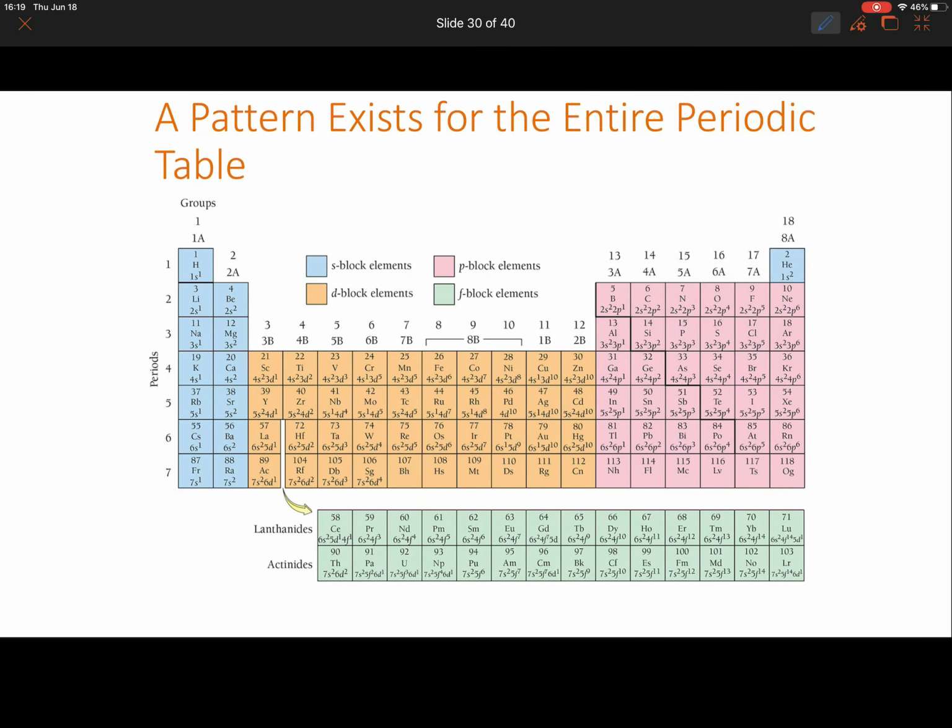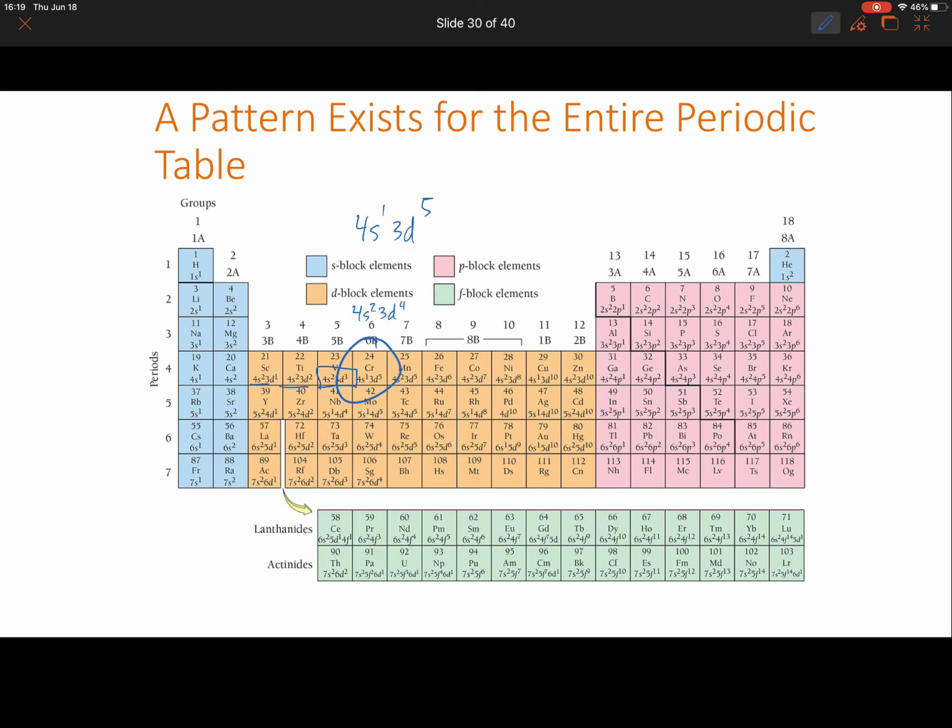For example, one of the exceptions is that chromium, right here, doesn't follow the trend of 4s2 3d1, 4s2 3d2, 4s2 3d3. It should be 4s2 3d4, but it's not. It's 4s1 3d5.